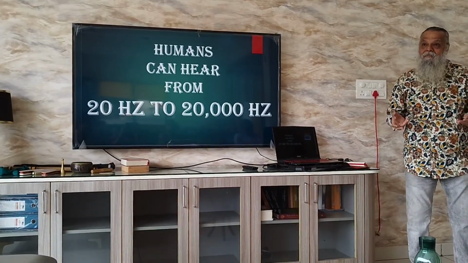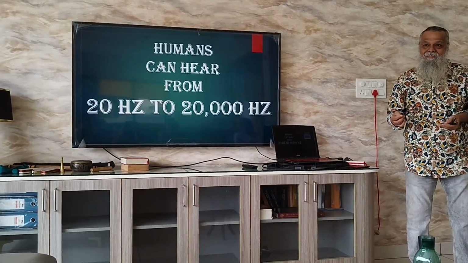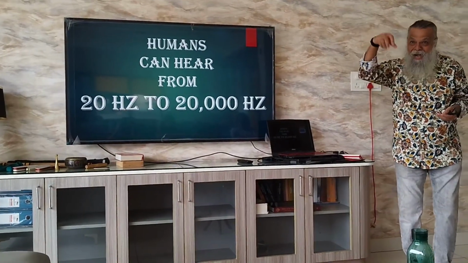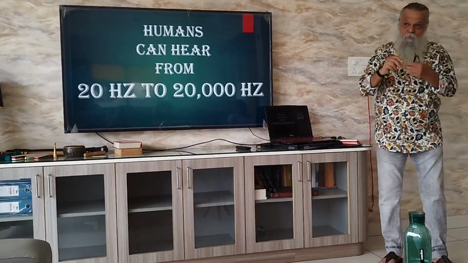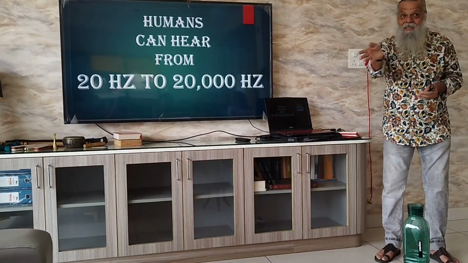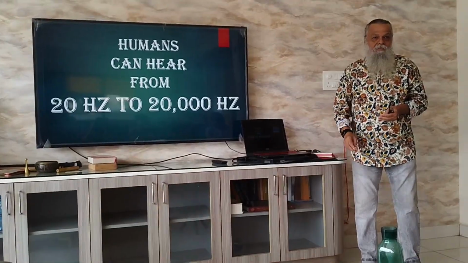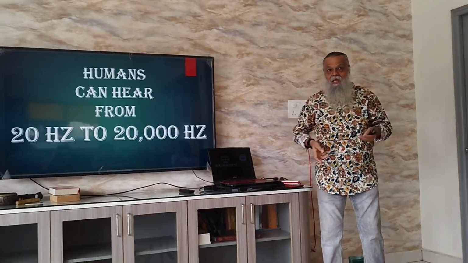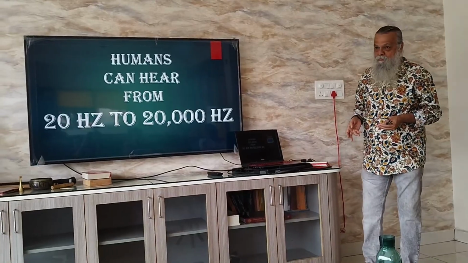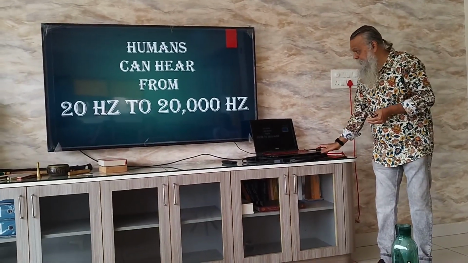It uses that as a sign. Bats. Correct. Bats. They produce ultrasound frequencies and then hear it, and using that they navigate. Their hearing is their eyes. So even ultrasound can be heard, as I said, by bats. Okay, so this is the frequency range.